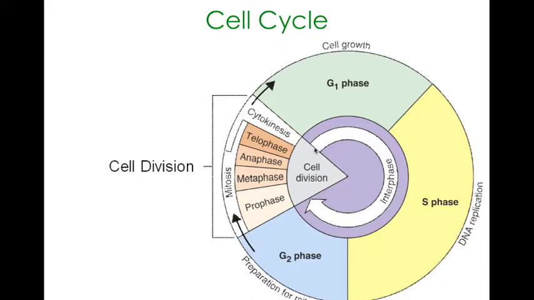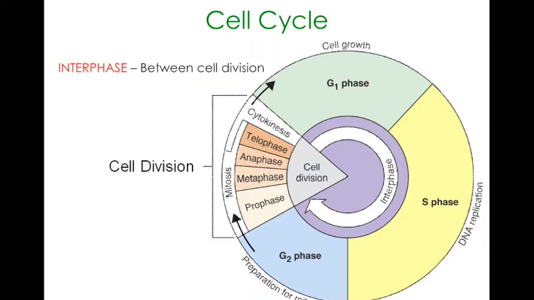We start with what we call interphase. These three stages are all called interphase. The word inter means in between, so interphase is between cell divisions. This is during the life of a cell when it is not dividing.